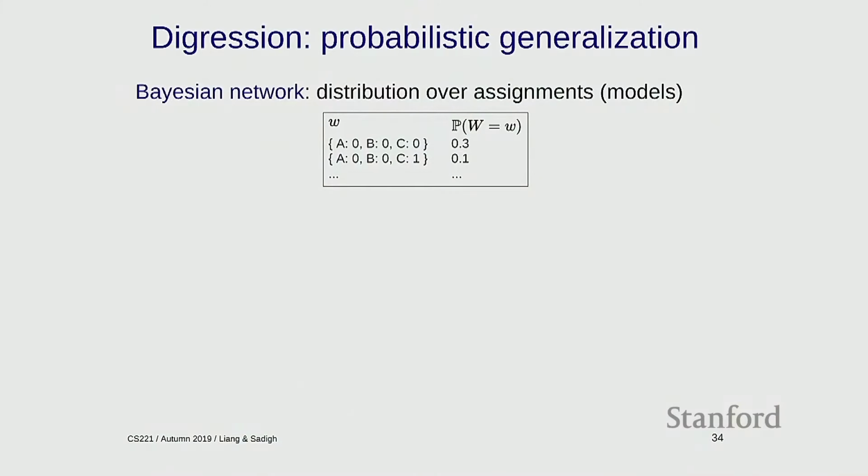All right, so this is a little bit of a digression, and it's going to connect to Bayesian networks. You might be thinking, well, we kind of did something like this already, right? In Bayesian networks, we had complete assignments, and we defined joint distributions over complete assignments. Now what we're talking about is not distributions, but sets of assignments, or models.